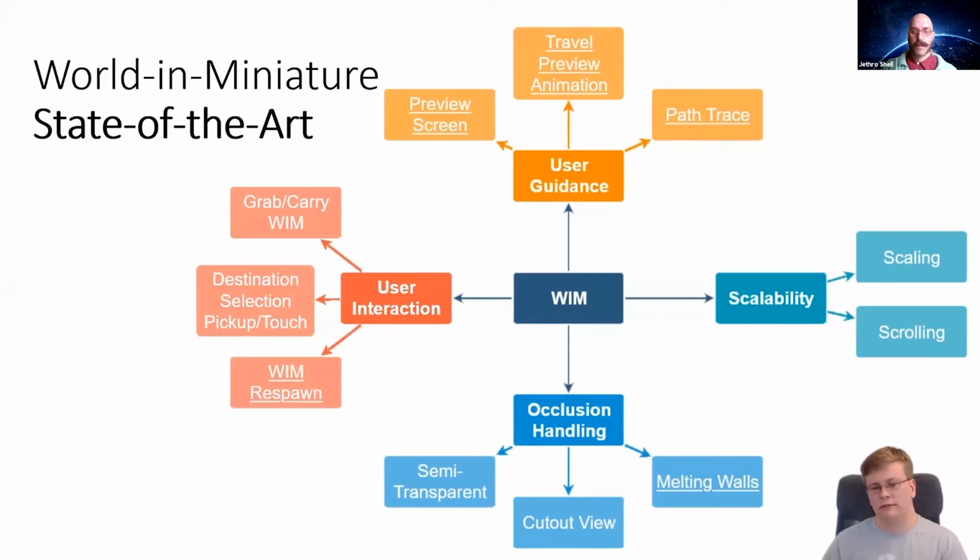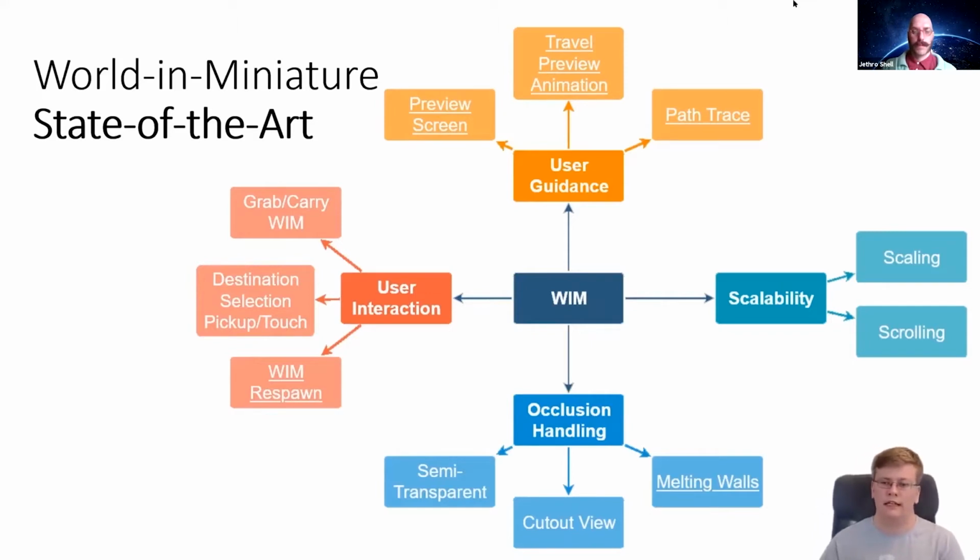Also, the original concept had some issues with occlusion. So, for example, if there are a lot of buildings or multiple story buildings and there are walls or furniture, and they are all blocking the user's view, the user cannot choose every destination. That's why there are occlusion handling strategies, and there are also some other extensions to this concept.